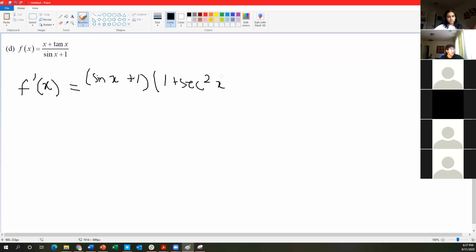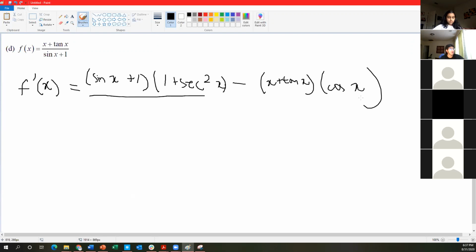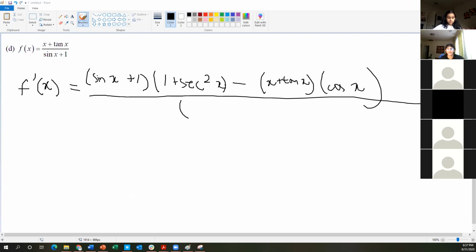So low d high minus high, which is x plus tan x. D low, the derivative of the denominator is cos x, because plus 1 becomes a 0. And the denominator, what do we have? I think it's a denominator squared.